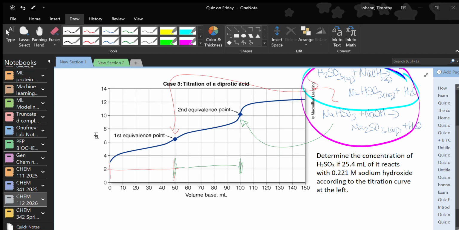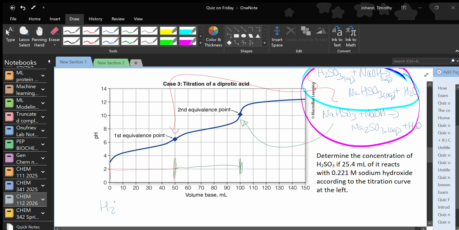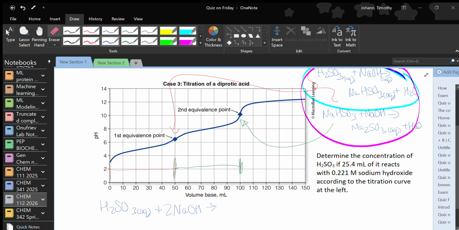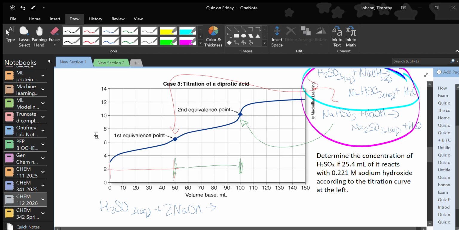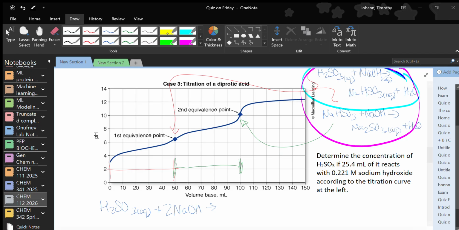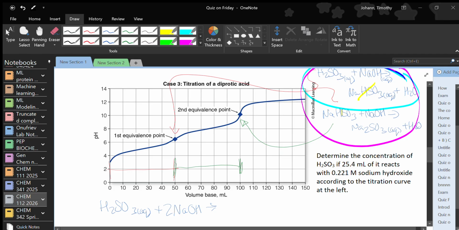All right, so I've got H2SO3 aqueous plus 2 NaOH. If I add those two together, I have NaOH in both of the reactants. We're reacting with a strong base, so these are going to go to completion. I hope you see that this is a product in one reaction and a reactant in the other, so they're going to cancel out.